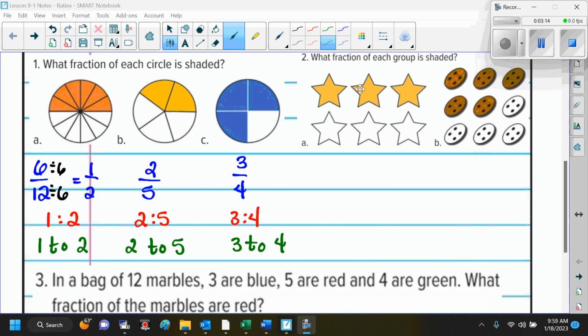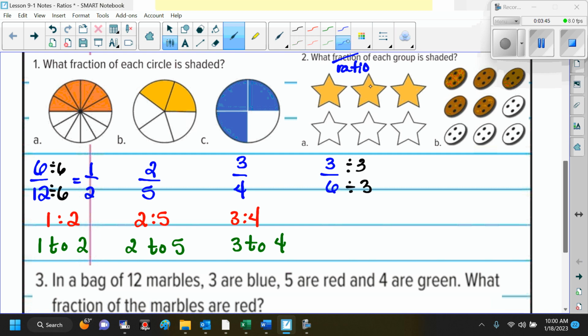All right. Now, for the next one, I just want to say what ratio of each group is shaded, okay? Shaded to the whole group, right? Who can tell me letter A? Oh, very good. So we can write 3 to 6, and then of course we're going to simplify.